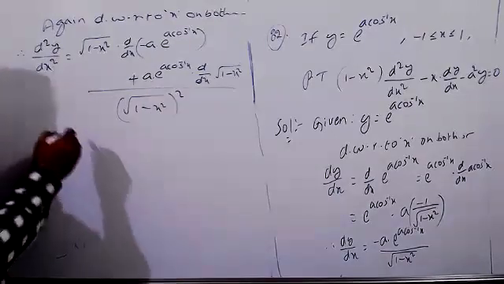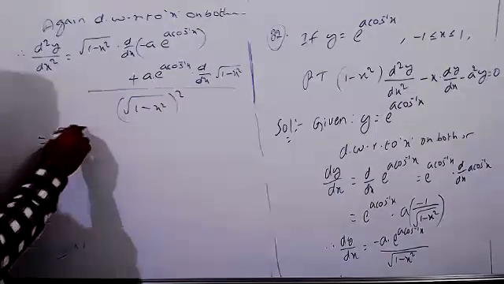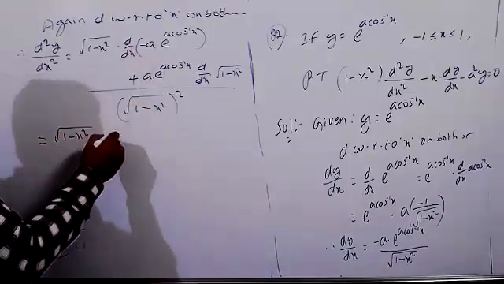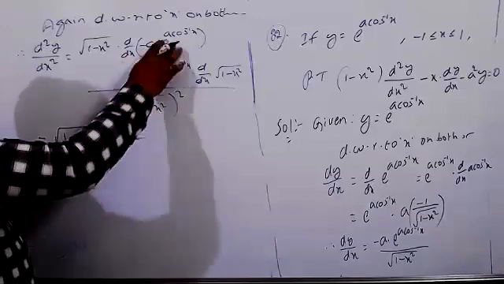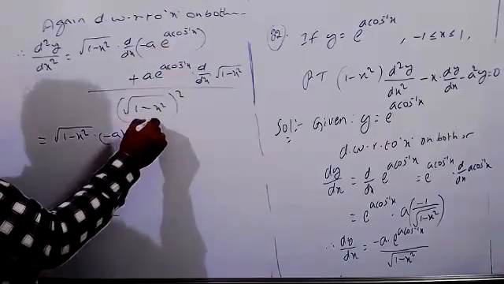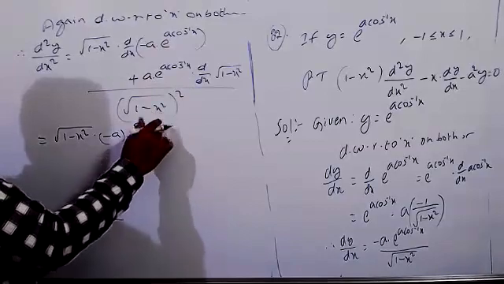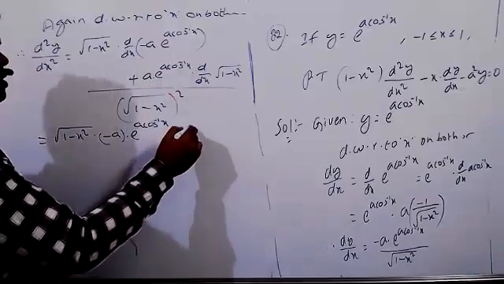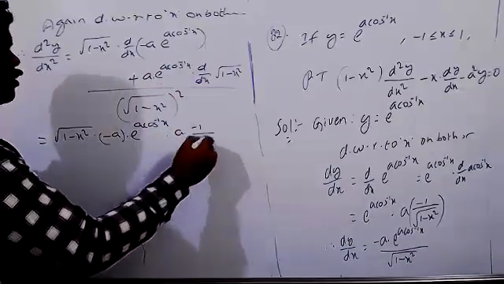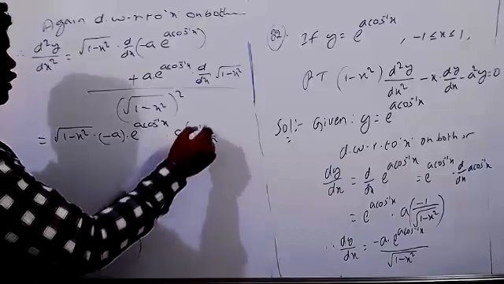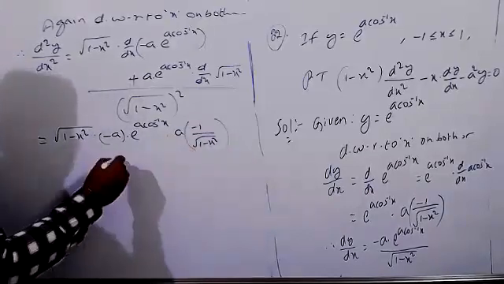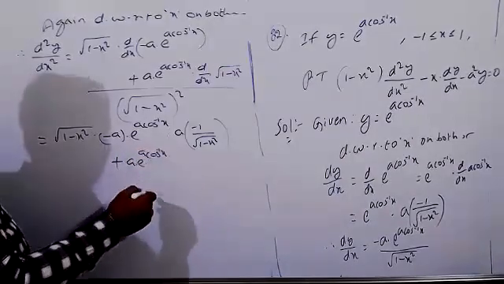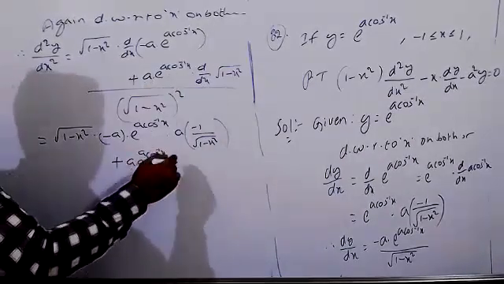Yes, you can simplify now. So root of 1 minus x square into, minus a is the constant, you can take outside. So e power x, you get e power x only. So e power a cos inverse of x into again differentiation of a cos inverse x, a is the constant, so minus 1 by root of 1 minus x square, plus a into e power a cos inverse of x, and differentiation of root x equal to 1 by 2 root x.